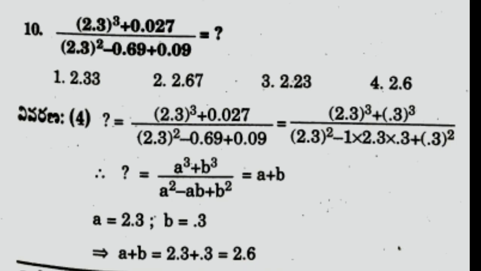Same formula: a is equal to 2.3, b is equal to 0.3. We can use the formula a cube plus b cube is equal to (a plus b) into (a square minus ab plus b square). So the answer is a plus b, which is 2.3 plus 0.3 is equal to 2.6. Option 4 is the correct answer.